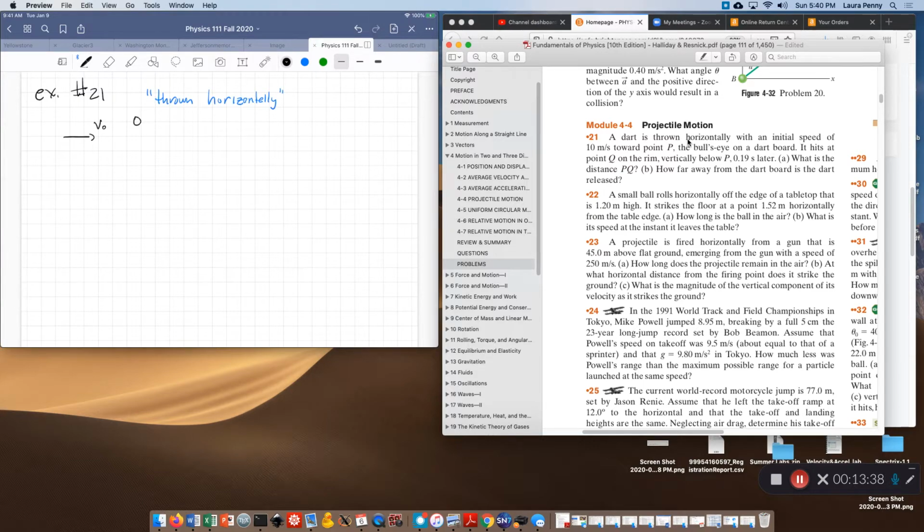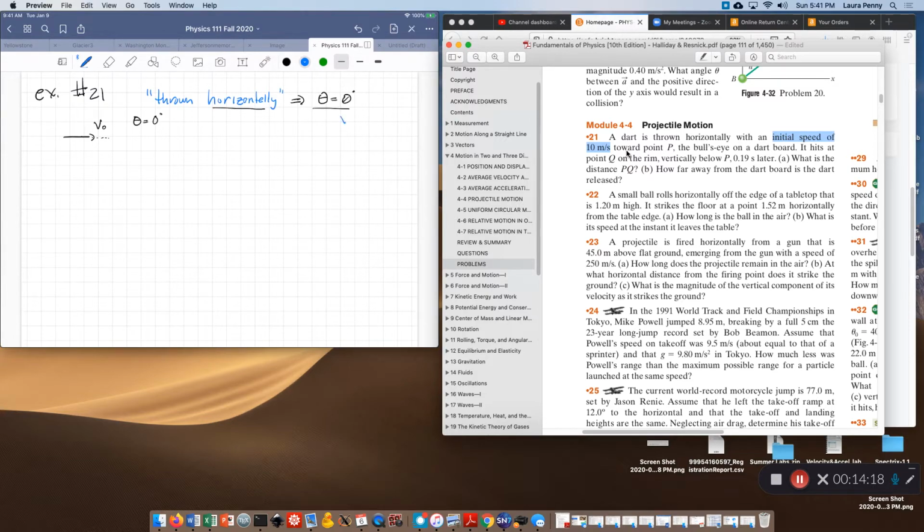So the angle that this makes with the horizontal is 0 degrees. Thrown horizontally means that theta of the initial velocity is 0 degrees. So that's the thing to know. It's with an initial speed, so the magnitude of this initial velocity is 10 meters per second.